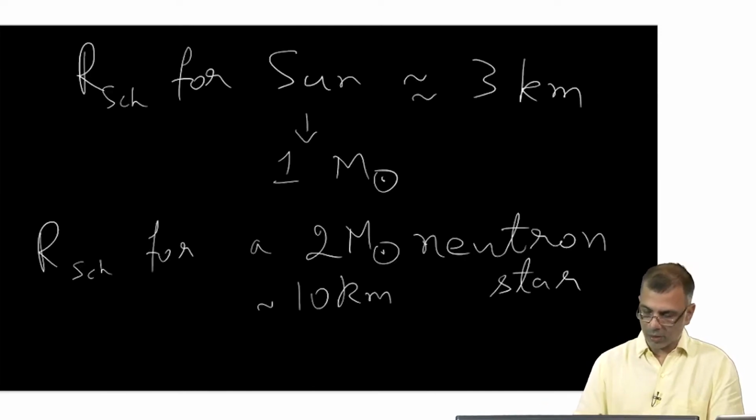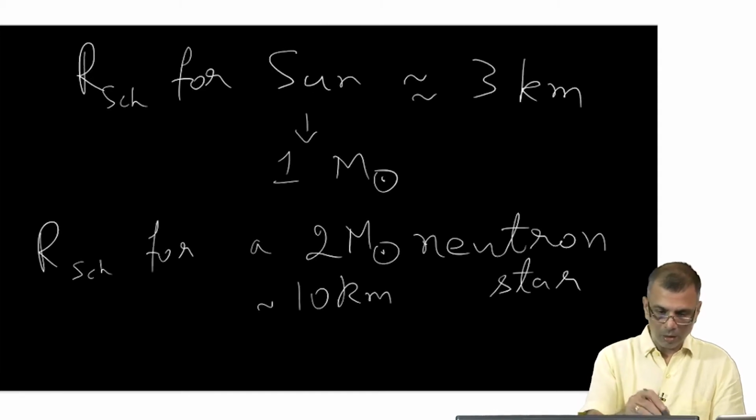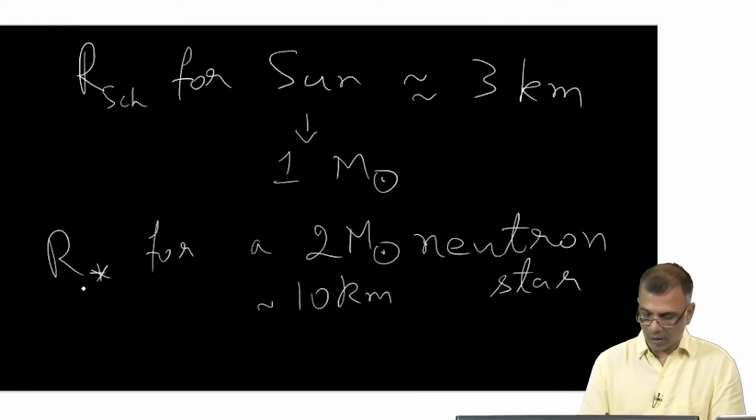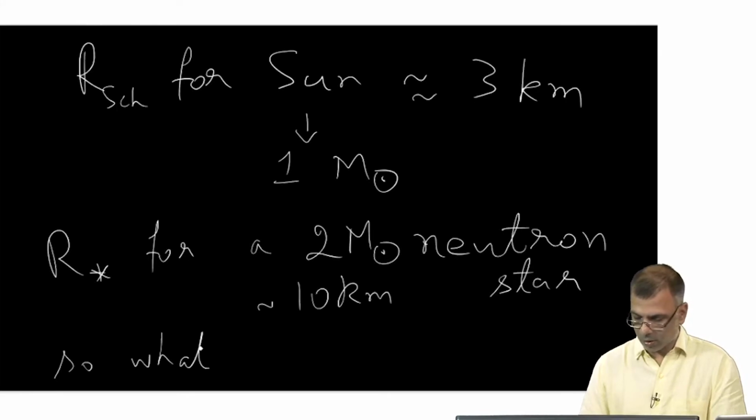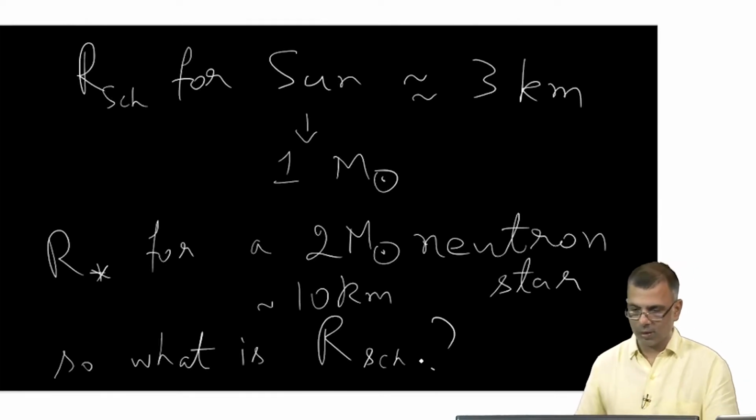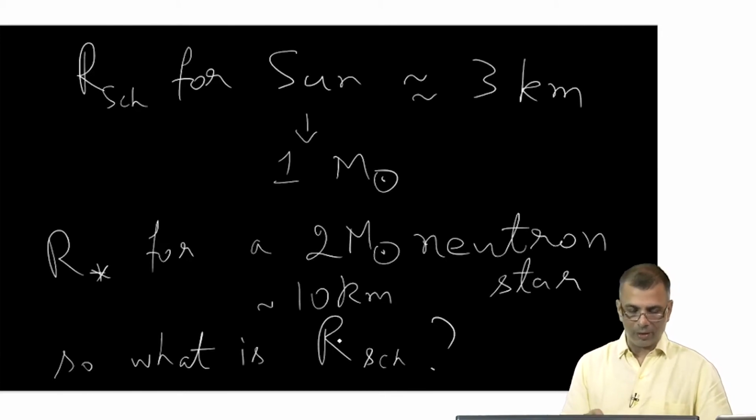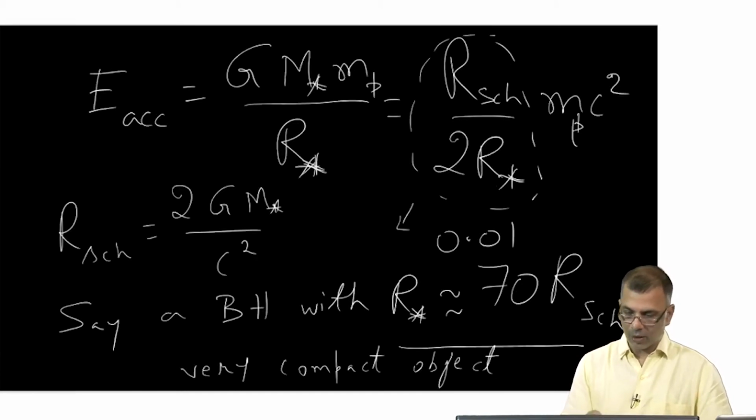I should mention that R star for a 2 solar mass neutron star is something like 10 kilometer. So what is R Schwarzschild? You can calculate this just from this formula, and you will find that R Schwarzschild is much smaller. So this ratio will become more and more favorable the more compact the object.